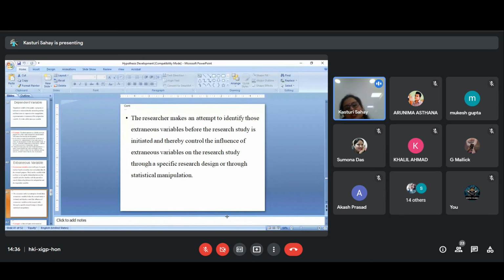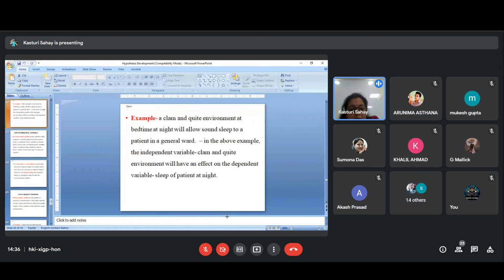As a researcher, you need to identify these extraneous variables before the research study is initiated. Even before you start the research study, you need to identify your extraneous variables and control their influence, else the result which you will be getting will be affected by these and you will not get the correct answer.